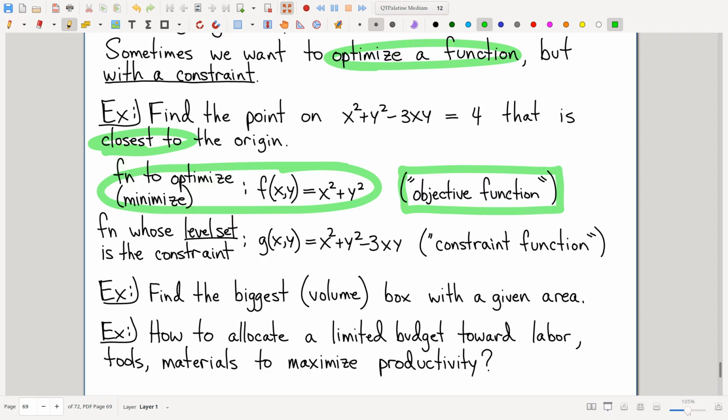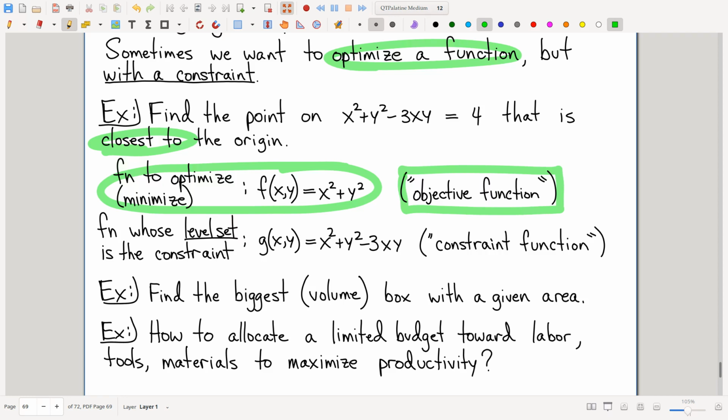I like this little trick. If I find the point that minimizes distance squared, if you think about it, distance is always positive, so that also minimizes distance. Tricky move, but very convenient. Now I don't have to deal with square roots. This is a good one to remember if you want to minimize or maximize distance.